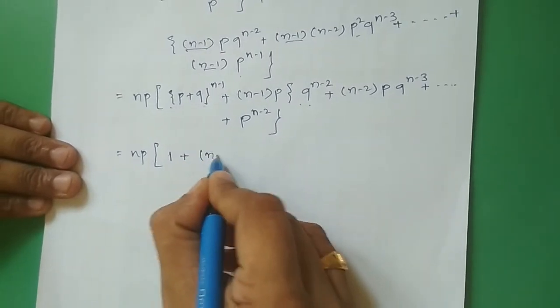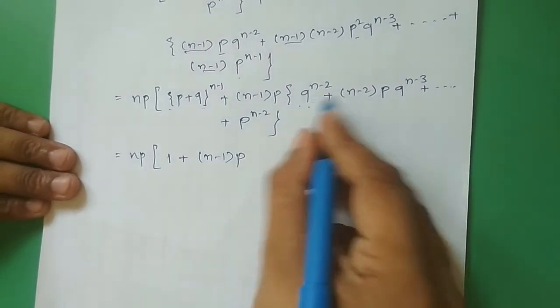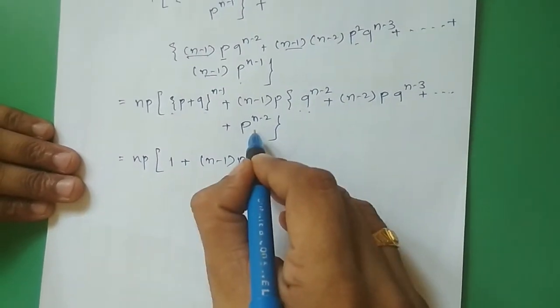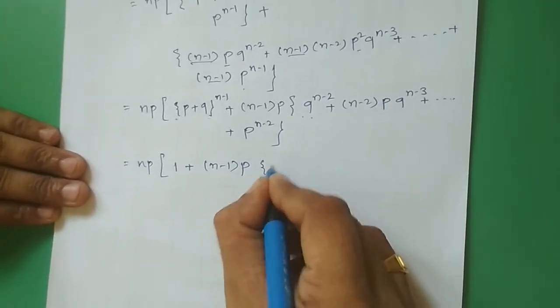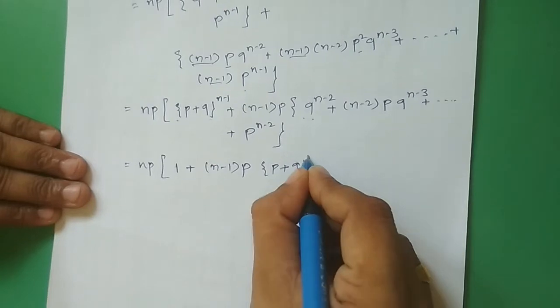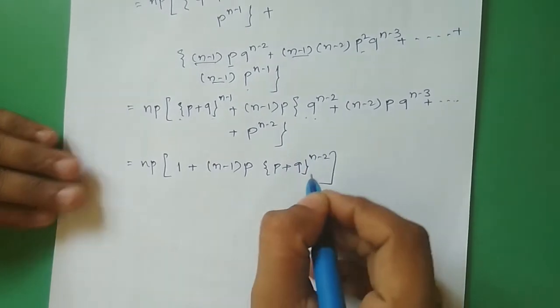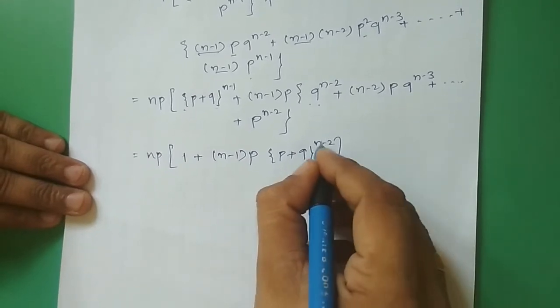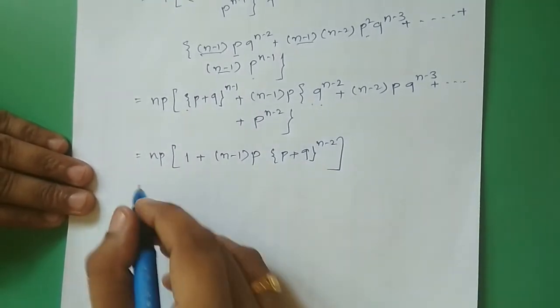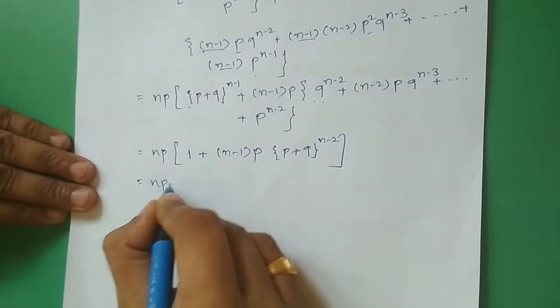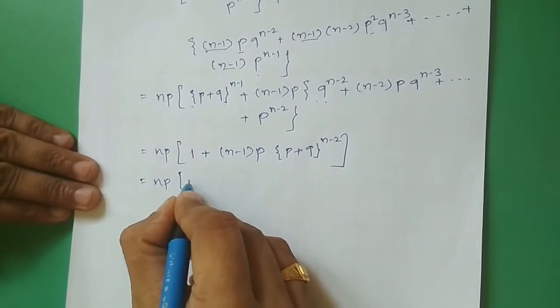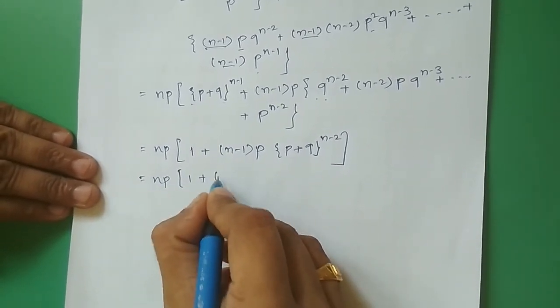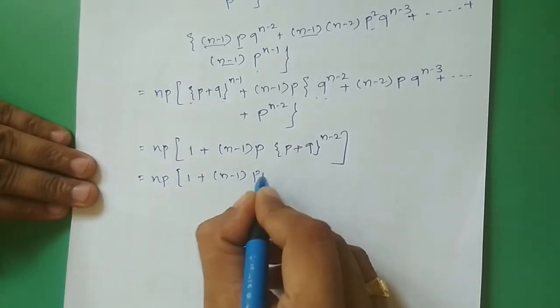Then n minus 1 into p, and again this is in the form of a p plus q raised to n minus 2. Again this is the total probability in the case of binomial distribution, which is equal to 1, and 1 raised to anything is always 1. So what will we get? It's np inside the square bracket, 1 plus n minus 1 into p.